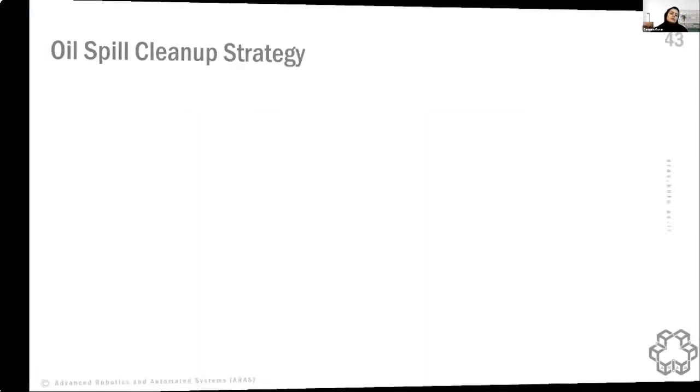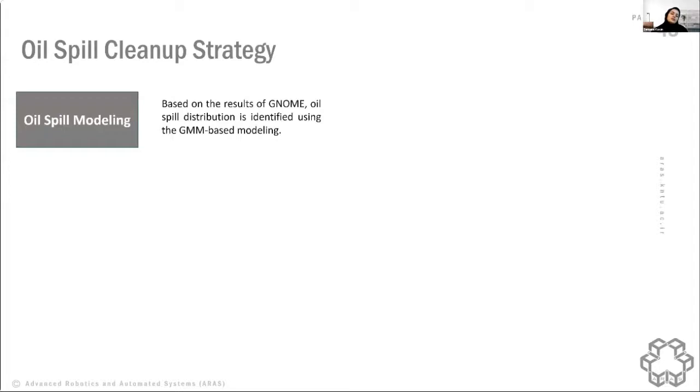And this strategy is done in a few steps. At the first step, we use the Gaussian mixture model we explained in the previous subsection, and this Gaussian mixture model describes the time-varying behavior of the oil spill as a density function.